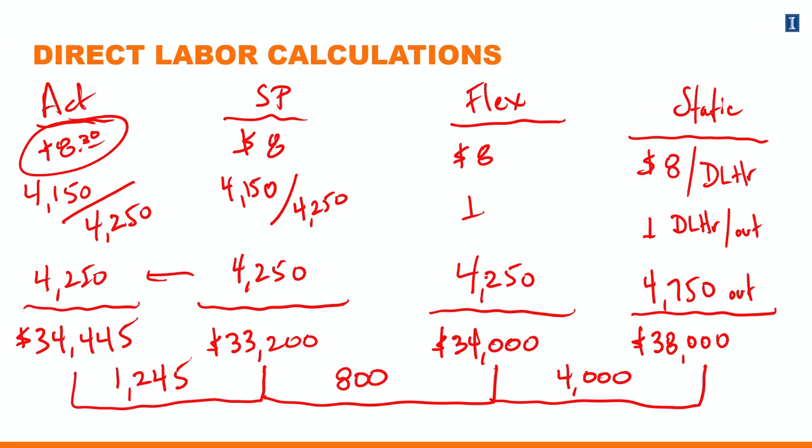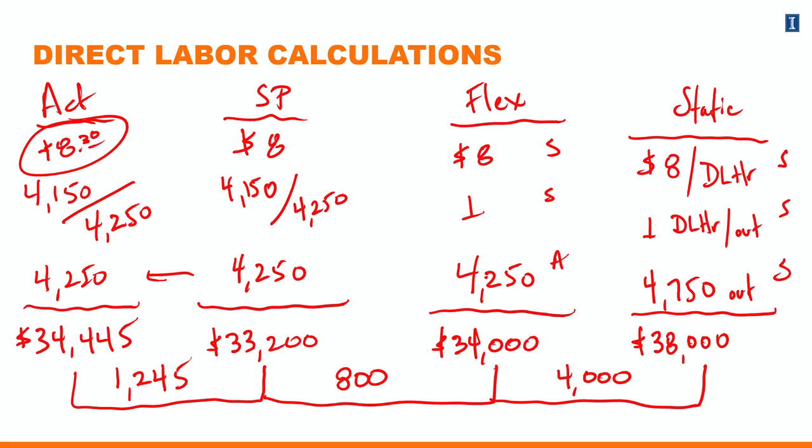Again, we can go through the exercise of classifying these variances as favorable or unfavorable. And using the same methodology and logic that we did for direct materials, we can apply that here. So the static budget, standard piece of information, standard piece of information, standard piece of information, compared to the flexible budget, standard, standard, actual.